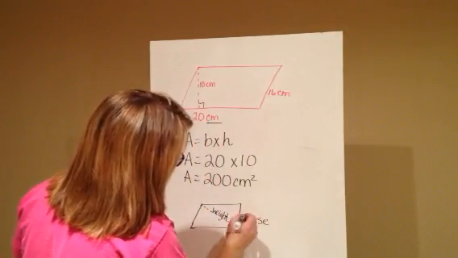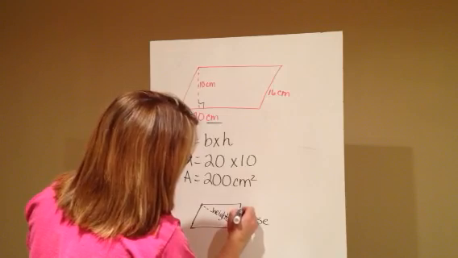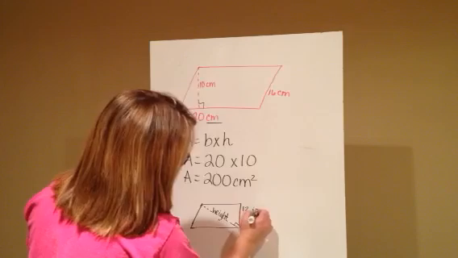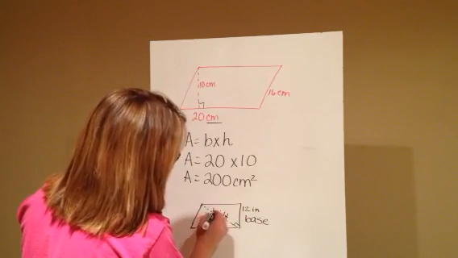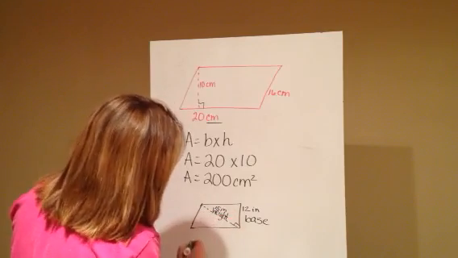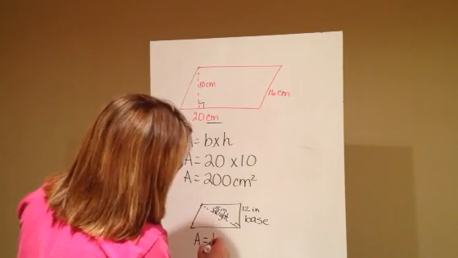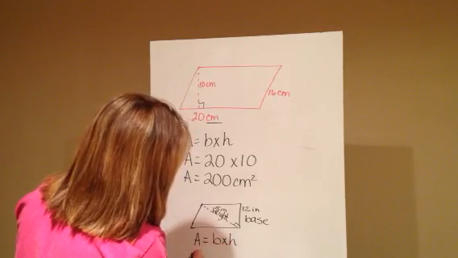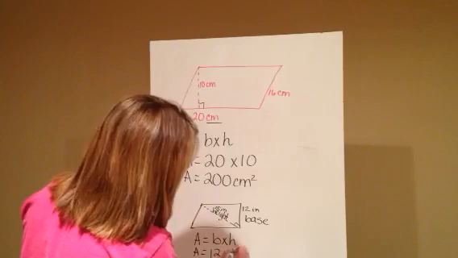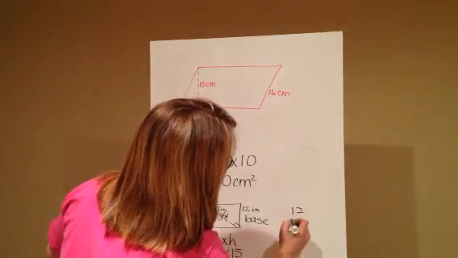So if my base happened to be 12 inches and my height was 15 inches, then I'm going to take base times height, which is going to be 12 times 15. So I'm going to do that over here.